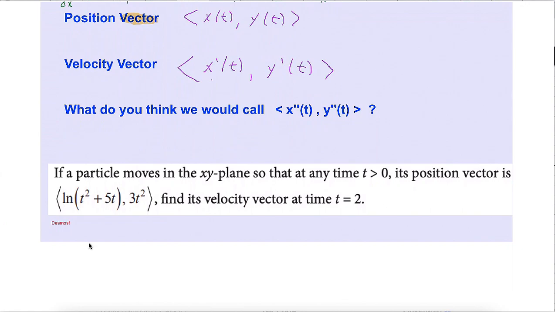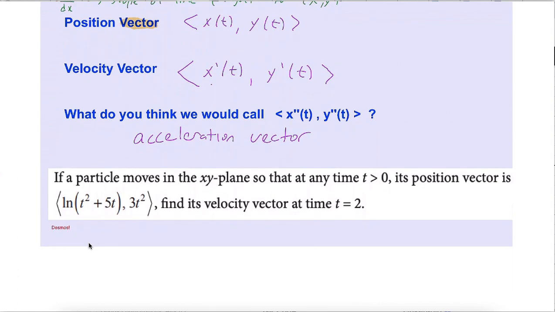Well, if it's the derivatives of the two velocities, or the derivative of dx/dt and dy/dt, so the second derivatives, it makes sense to call it the acceleration vector. So a lot of times you're asked to find either the position vector or the velocity vector or the acceleration vector of a parametric function. And that's all it's asking you to do. It makes it sound more complicated than it really is.